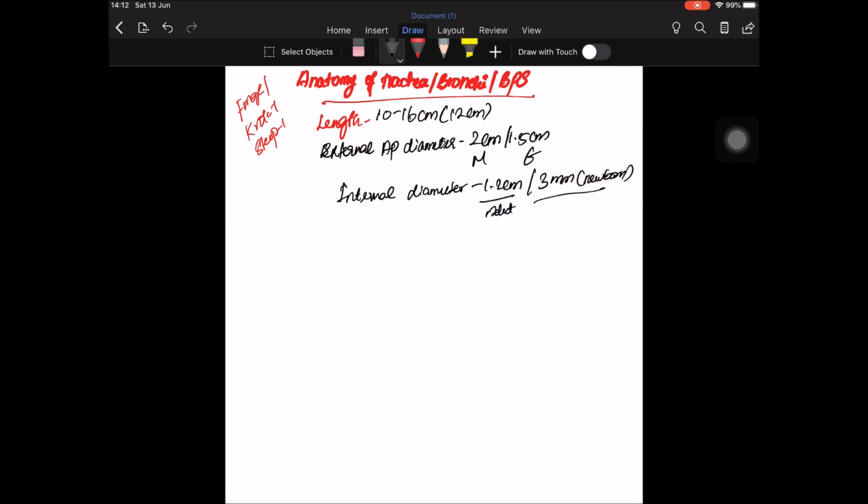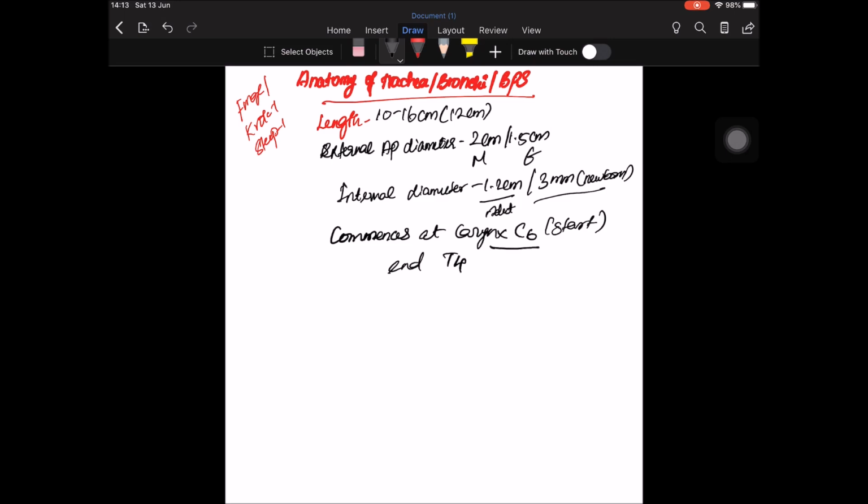Also, the trachea commences at the larynx at the level of C6. The starting point is at C6, the ending point at the T4 level of the thoracic vertebra.